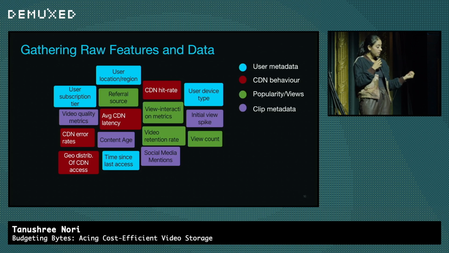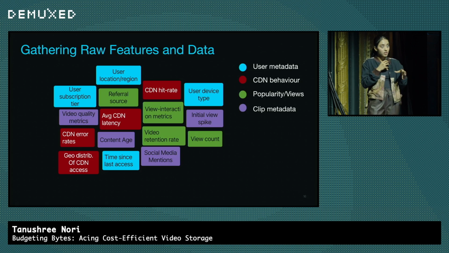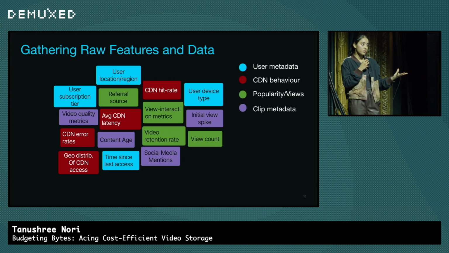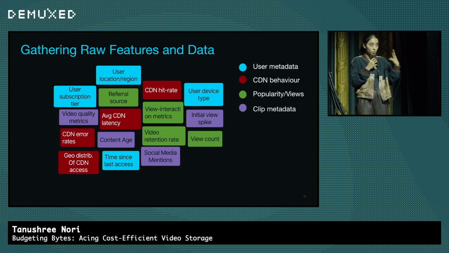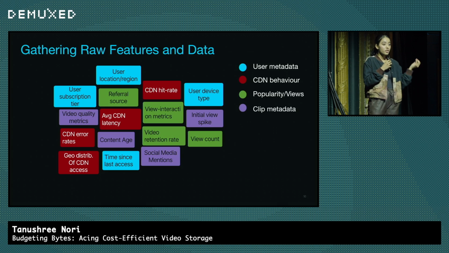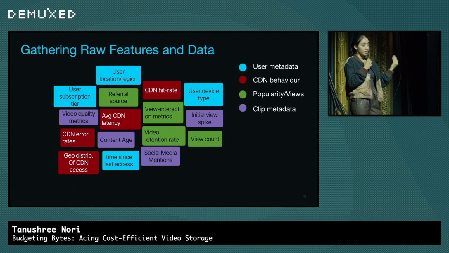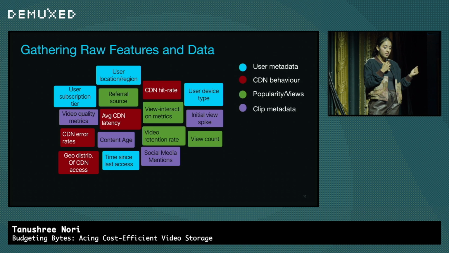Now let's talk about data. Collecting data from the right pertinent sources is critical for this or any ML problem. For this problem, the raw data came in primarily from two sources, CDN logs and origin server logs. With CDN logs, you have features like CDN hit rate, average CDN latency between requests, CDN error rates, and you also have popularity and view metrics, which are helpful, like the view interaction metrics.